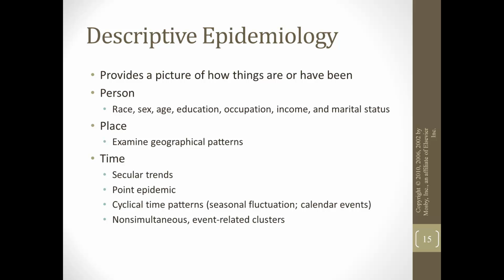What is it about living up north versus living south that makes a difference? Could it be vitamin D? Could it be something else? So that's real helpful to look at those geographical patterns. It helps not only identify who's at risk, but also maybe see what the cause is. In terms of time, are there specific times when things are more likely to have fluctuations calendar-wise?